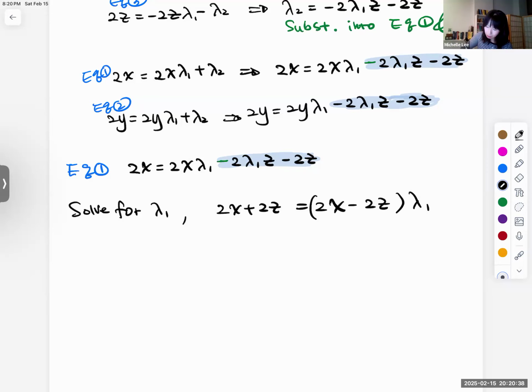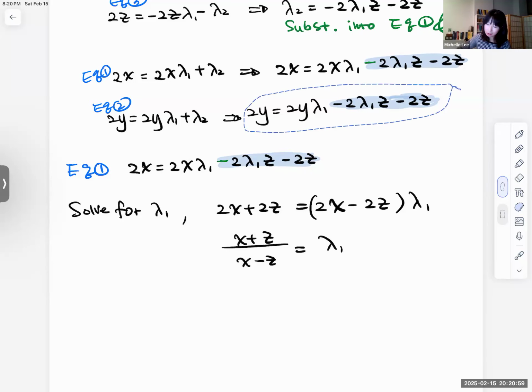So we have x plus z over x minus z equal to lambda 1, right? Okay, from equation 2, we have, I'm checking the recording, whether I'm recording correctly. Okay, equation number 2.